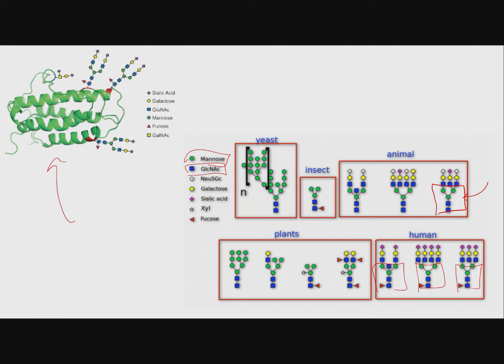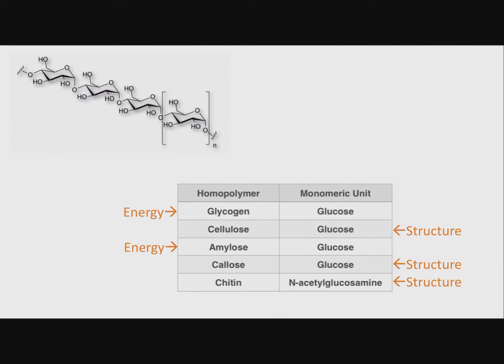In a couple places it was a drop in secretion levels, which means it might not be being packaged up and transported the way it's supposed to be, but also loss of structural stability. So some interaction keeping the molecule in its proper folding. Okay, so importance of oligosaccharides in our glycoproteins.